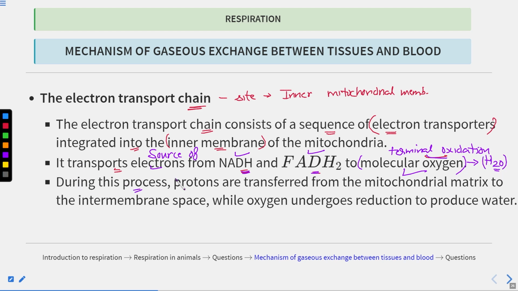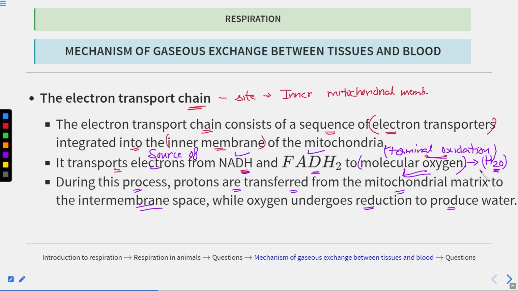During this process, protons are also transferred from the mitochondrial matrix to the intermembrane space, while oxygen undergoes reduction to produce water. Molecular oxygen undergoes reduction, meaning it accepts electrons and protons and is converted into water, and this is known as terminal oxidation.